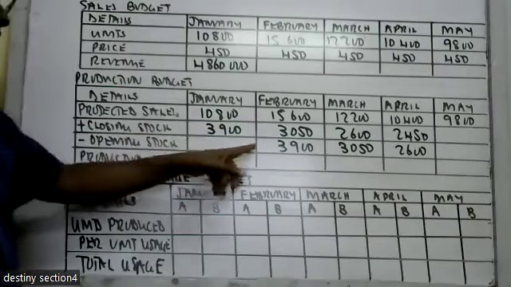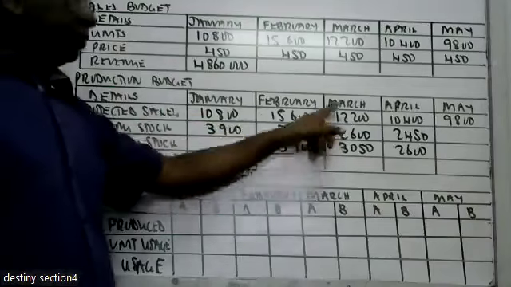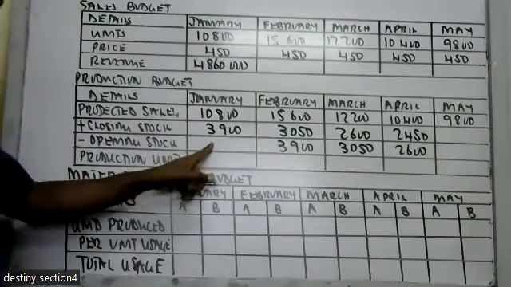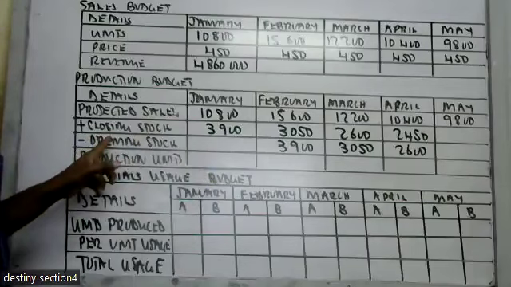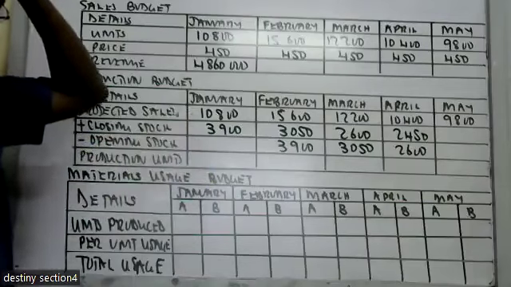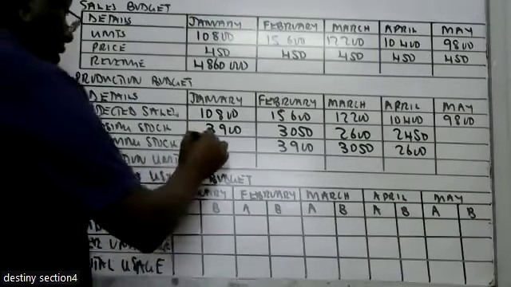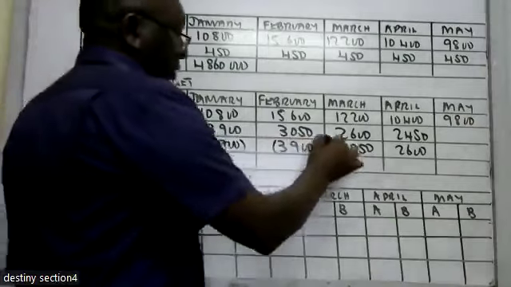In other words, now the opening is the 25% of the sales. So we can as well get the opening here, which was closing last in December. 25% of 10,800. 2,700. So sasa za kumona.